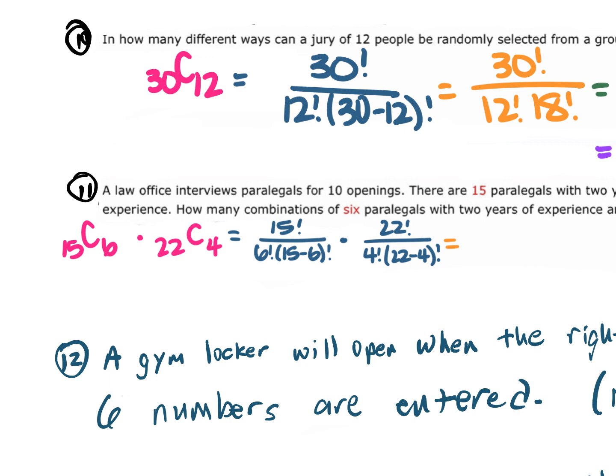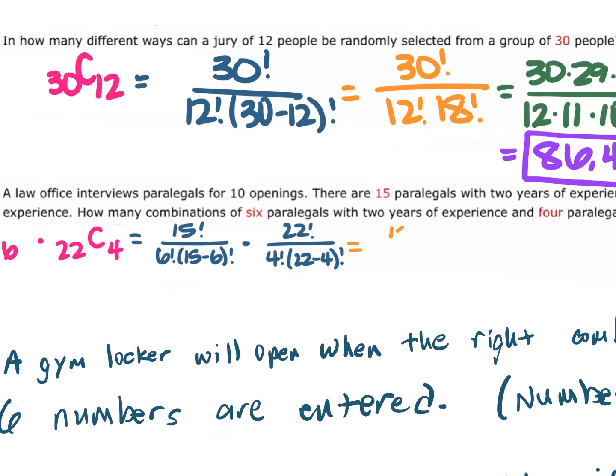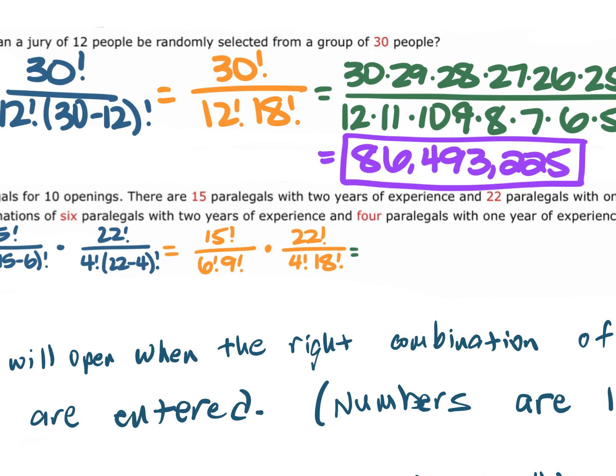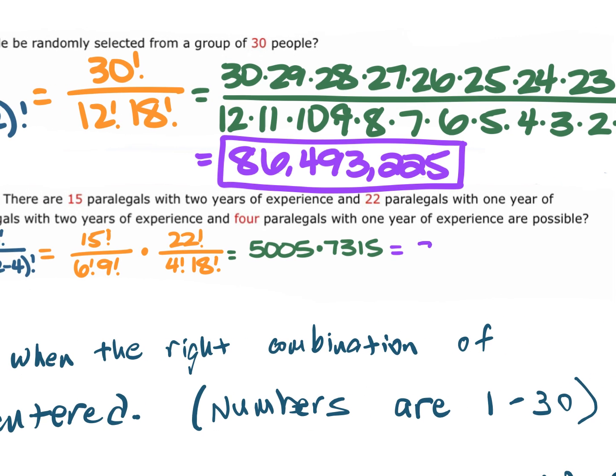These both will simplify to give you 15 factorial over 6 factorial times 9 factorial times 22 factorial over 4 factorial times 18 factorial. Both of these then do simplify to give you 5,005 times 7,315, which gives you a total of 36,611,575.